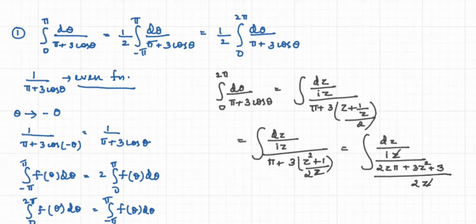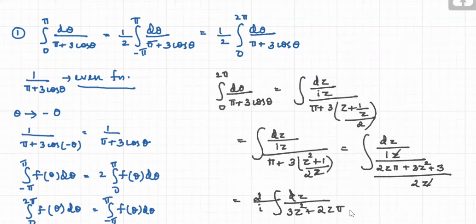You are left with 1 by i, 2 will go to the numerator. So 2 by i integral dz by 3z square plus 2z pi plus 3, and the integral is over mod of z equal to 1.